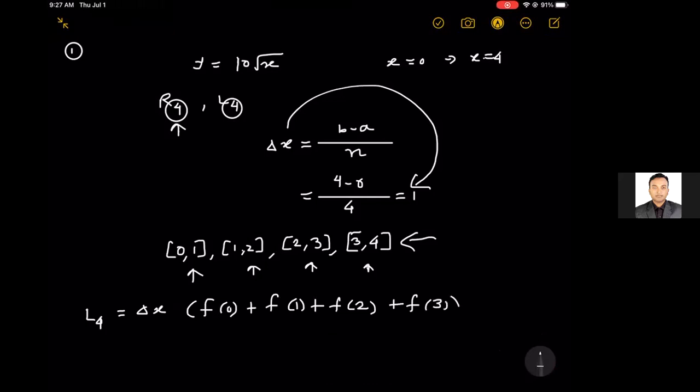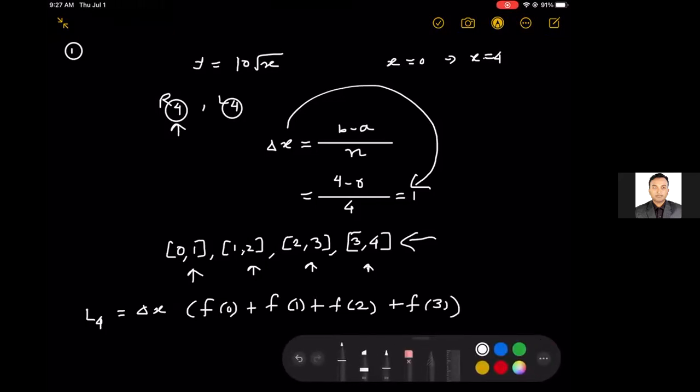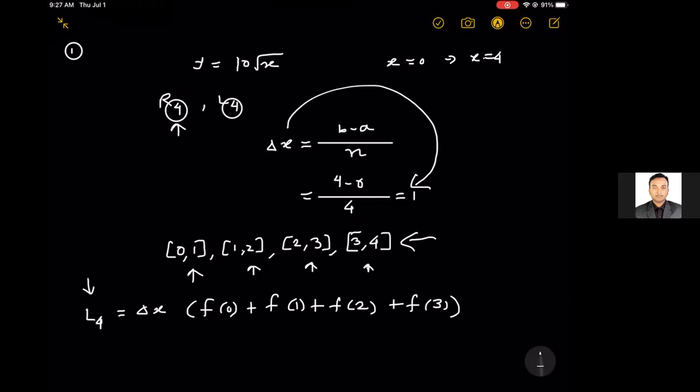Very good. So we know that this estimation is nothing but adding all the smallish rectangles we have. Well, as I said, we don't need to draw all the graphs, we can actually imagine.